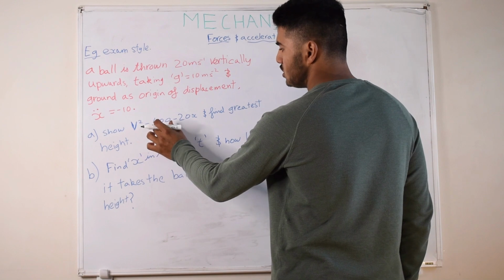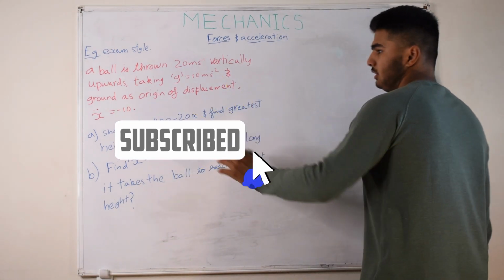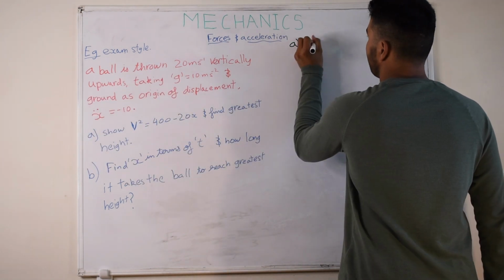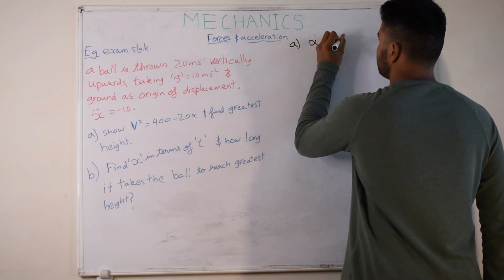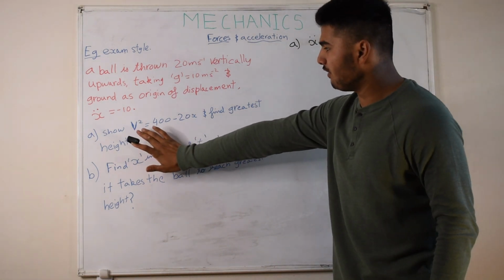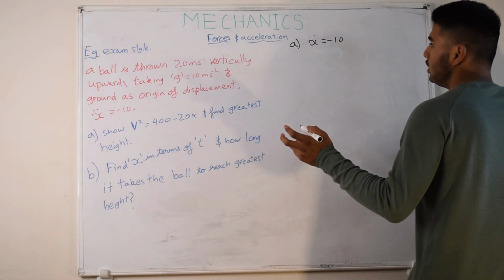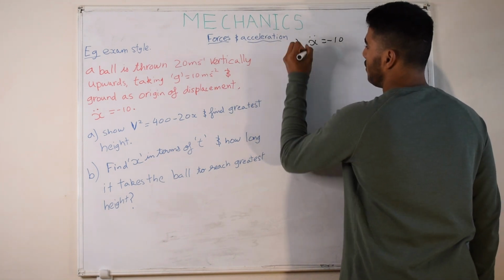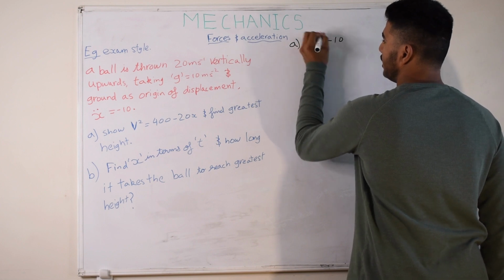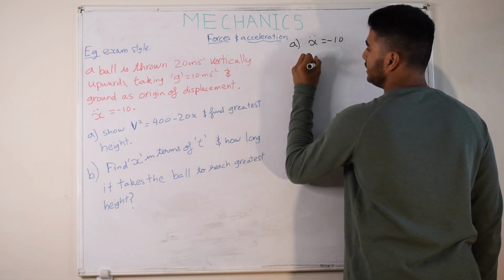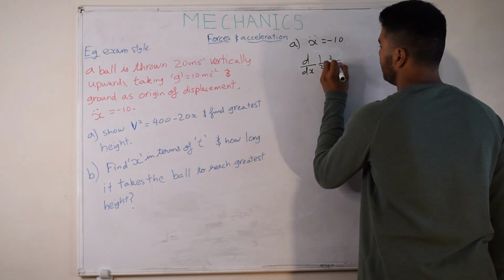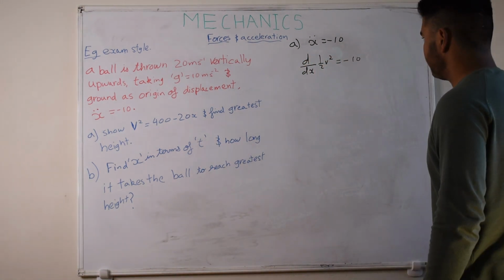V squared equals 400 minus 20x. And we've been given acceleration. We have x double dot equals -10, correct? Coming back to this, we're trying to find v squared. So we're going to use this format of the substitution for the acceleration, which will be d/dx of half v squared equals -10.